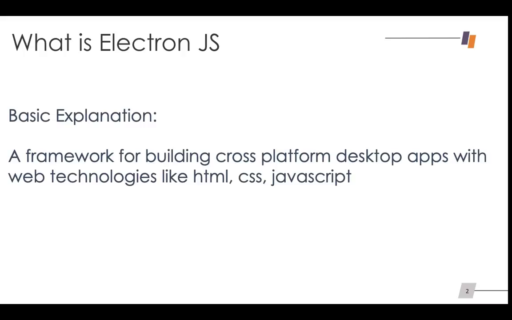That means that they run on all operating systems. So Electron takes care of all the hard part for you so that you can focus on the core of your application. So if you can build a website, then there are high chances that you can build a desktop application with Electron. So that is a basic explanation of Electron.